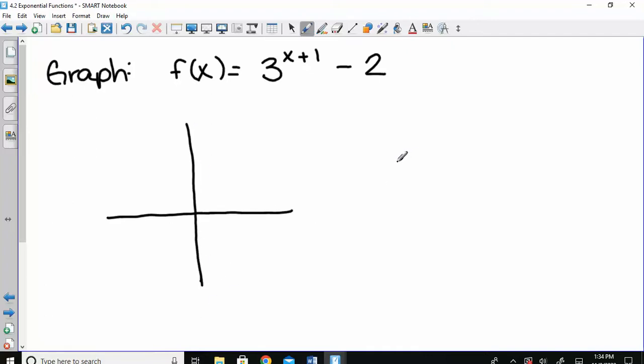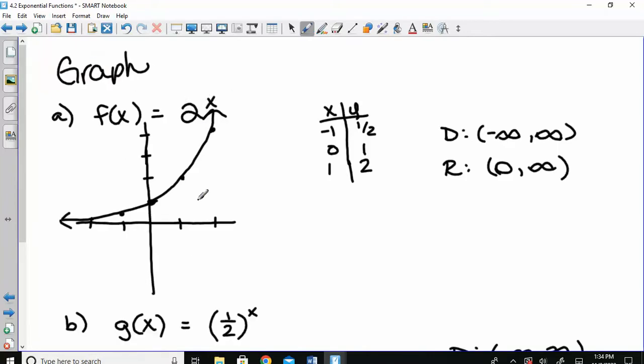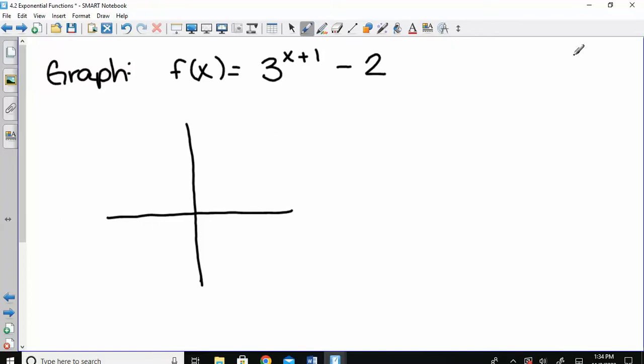What is my parent function going to be? By my parent function, I'm looking for just a regular exponential, like 2 to the x, 1/2 to the x. In this case, it would be 3 to the x. So that's what I'm going to start with.